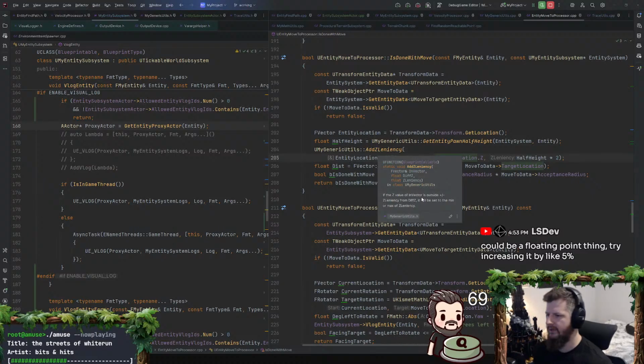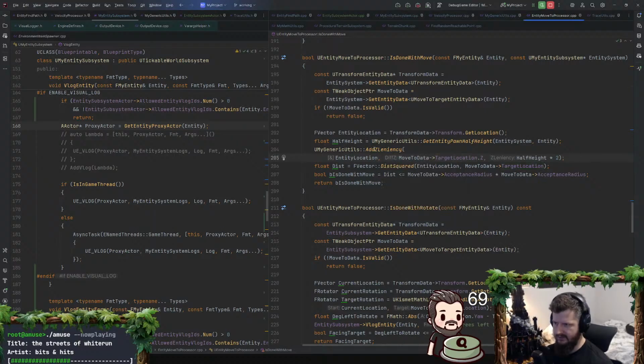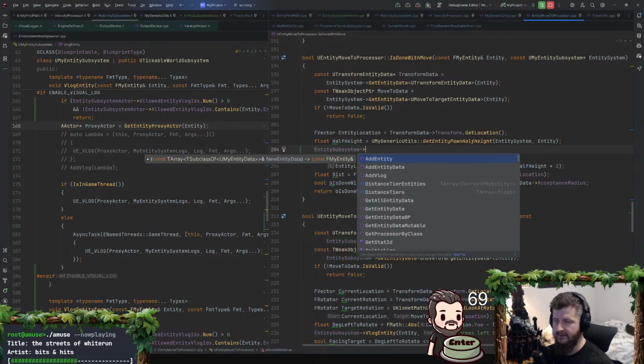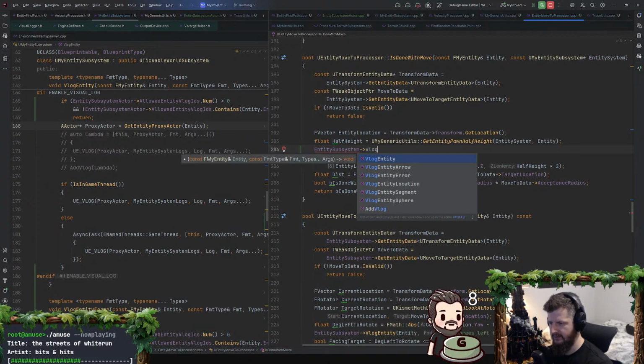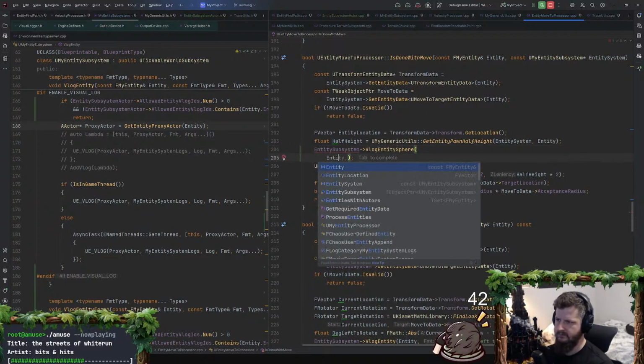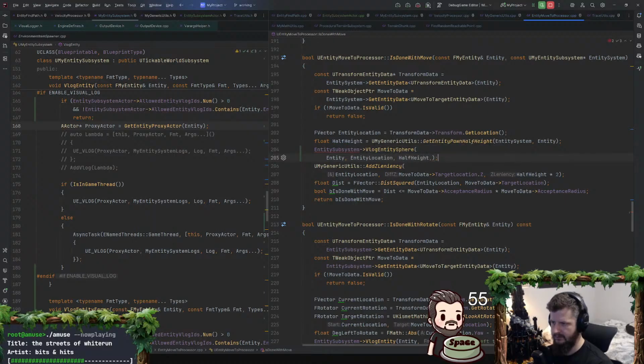So this is why I wanted to do that vlog thing, so that when I found the scenario, I could write the vlogs here and show it, but I guess I can. Anyways, let's just do this. Entity subsystem. Unreal Engine's probably using up too much memory for this to live code. Entity vlog, entity sphere, entity location.